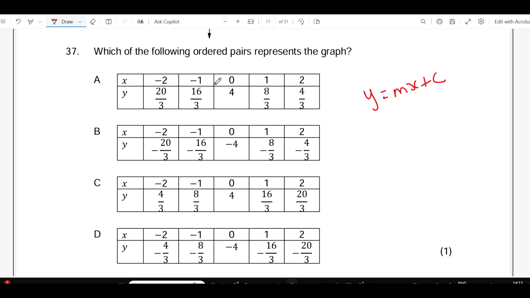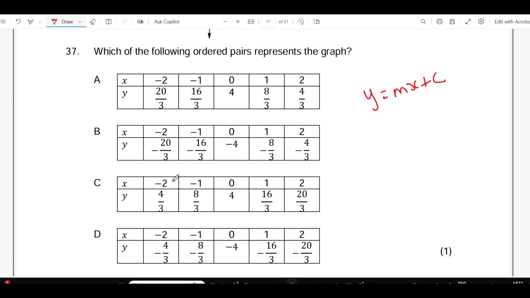All right. So by just inspecting which one represents the graph, guys, you just need to test by drawing each and every graph here and see if the graph is a straight line or not.